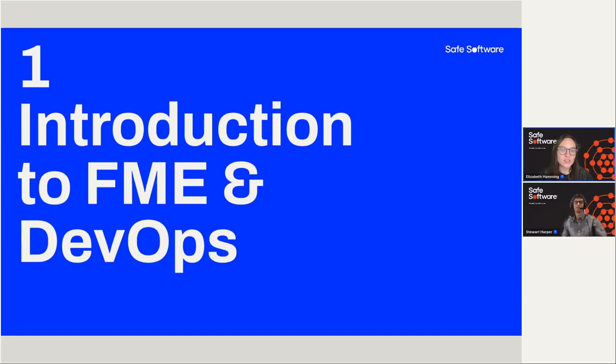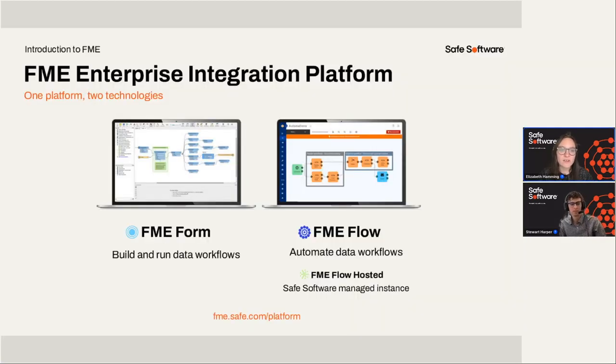And just a quick introduction to FME if you are newer to our software here. So we offer flexible deployment options. We have FME Form, the authoring environment where you build your data integration workflows. And then we also have automation provided through FME Flow, which is deployed on-premise or in your private cloud environment.